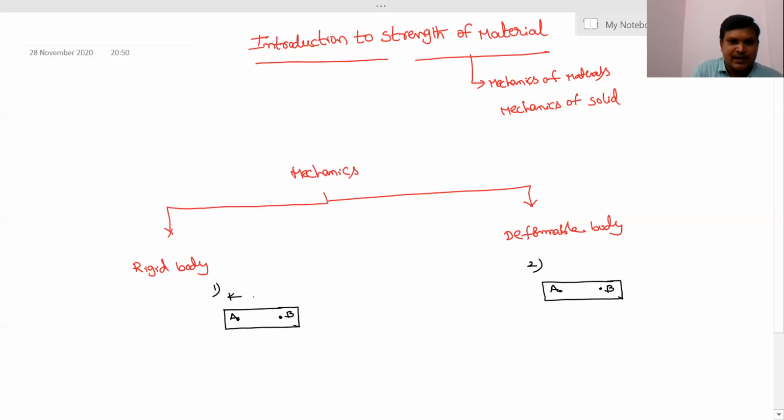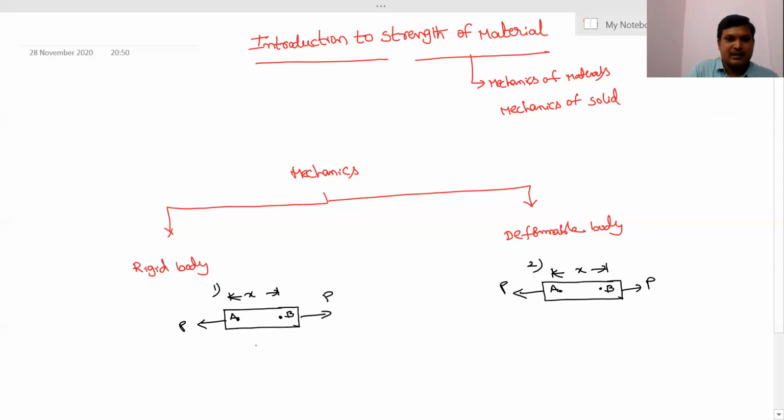Initially the distance between both points I'm measuring as X. Now I'm applying a force on this body, a pull force or tensile force. In both cases I'm applying the same tensile load.